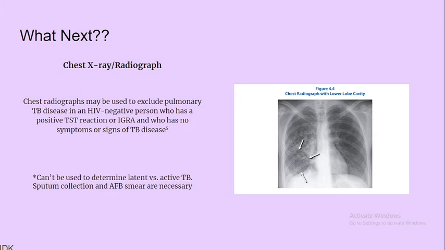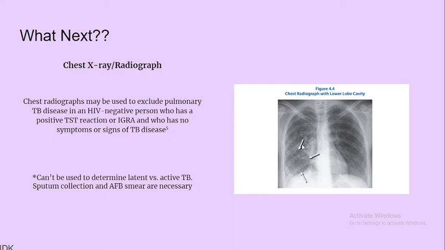These are usually used to exclude pulmonary TB disease in someone who really has no risk or symptoms for TB, and they might have had a positive result in the TST or the IGRA test. Here in this picture, you can see this cloudiness, this little circle.